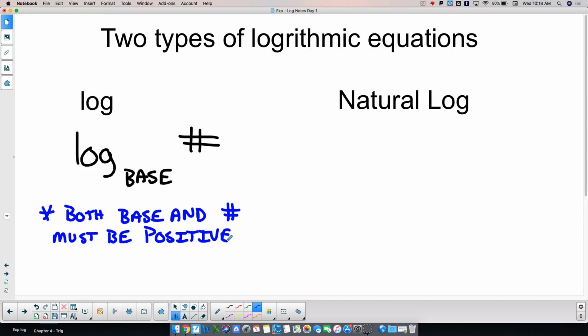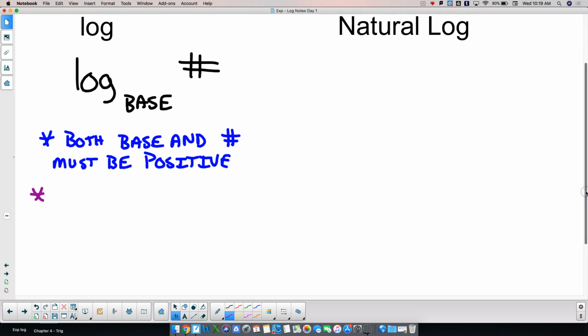So you can't have a negative base. You can't have a zero base. The number has to be positive. Now, one other note here is that if, for some reason, you don't see a base, if the person writing it didn't write a number down for that base, it is assumed that it is base 10.